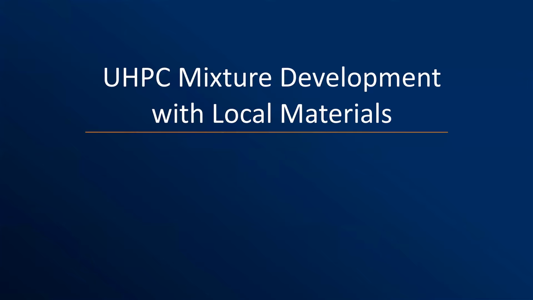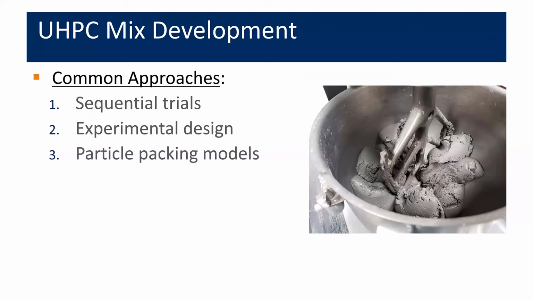So now let's talk a little bit more specifically about how we actually develop these UHPC mixtures, with particular attention to local materials, since that's what John and I have worked with quite a bit lately. So there's a few different approaches to developing UHPC mixtures. One is to do sequential trials. Say I've developed a mix design on paper and I test it out in my plant or in the lab, and I see, is the workability where I want it to be?